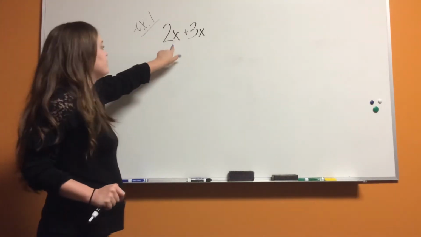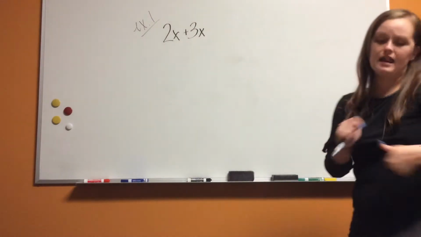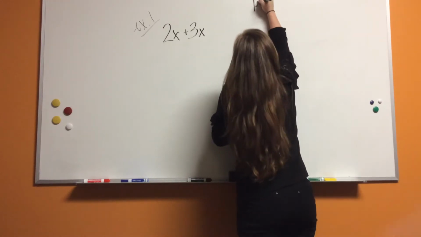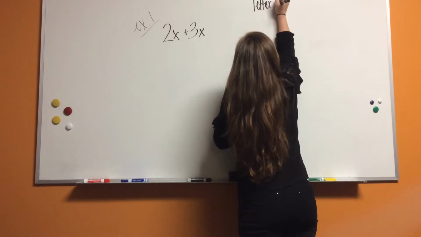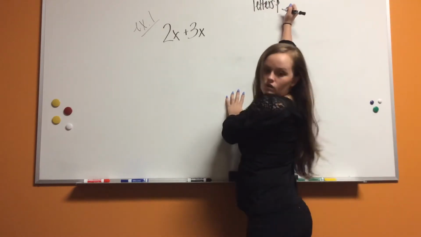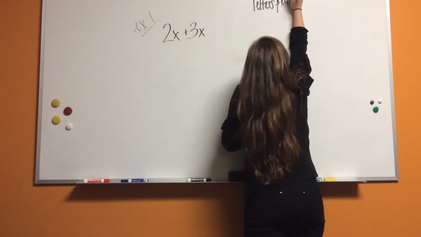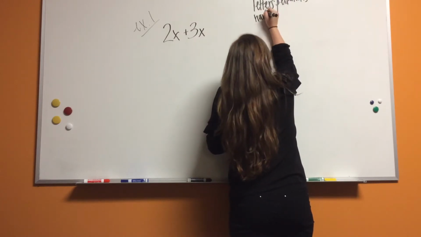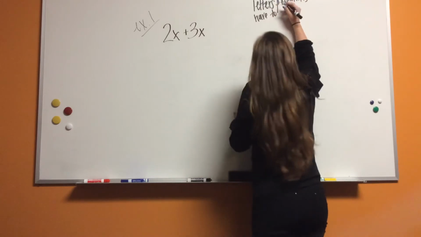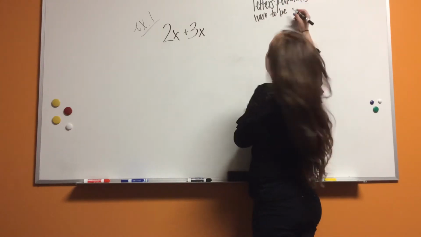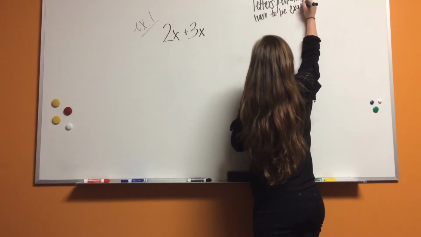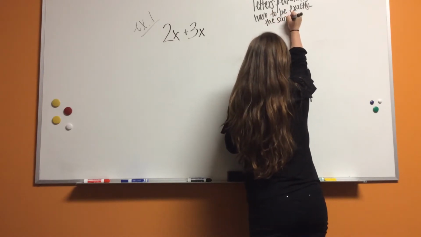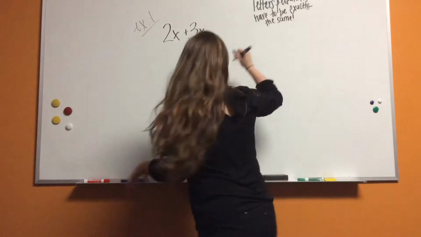So first thing to know about simplifying addition and subtraction equations is that the letters and exponents have to be exactly the same. Okay? And this is for addition and subtraction.